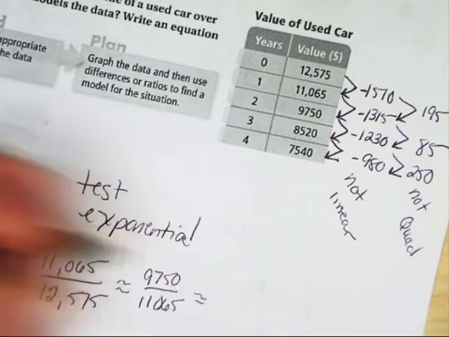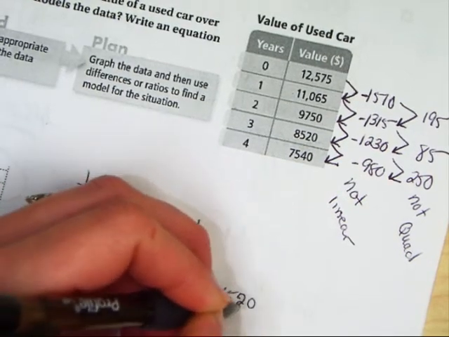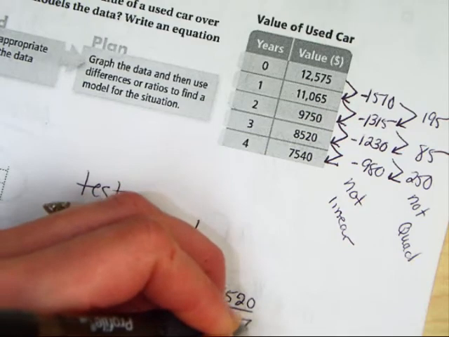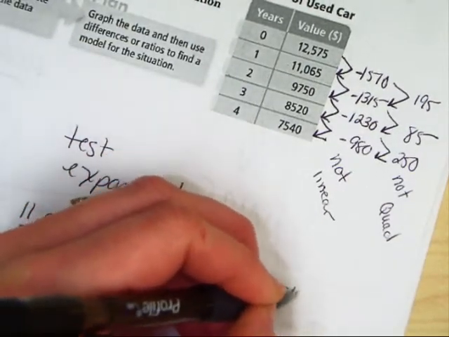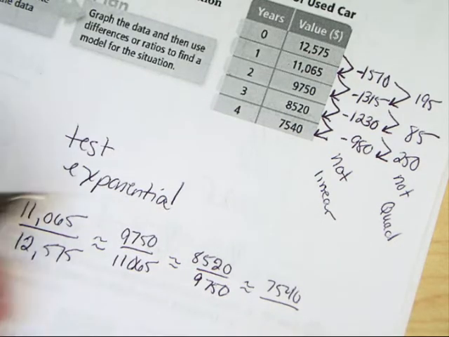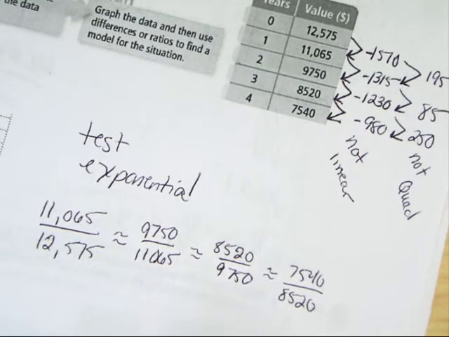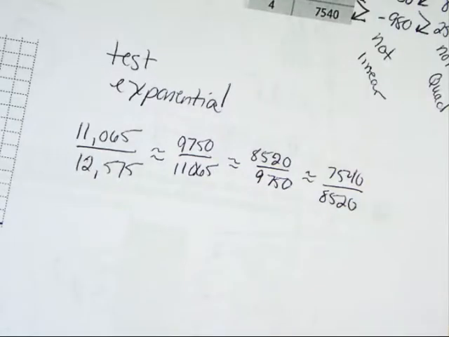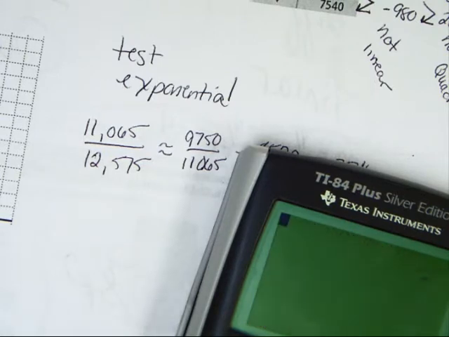Then we see if that's equal to 8,520 over 9,750. And we've got one more to test: 7,540 over 8,520. We're going to see if these are anywhere close to each other. You can use any type of calculator. You don't need a fancy one for this. You're just going to divide.